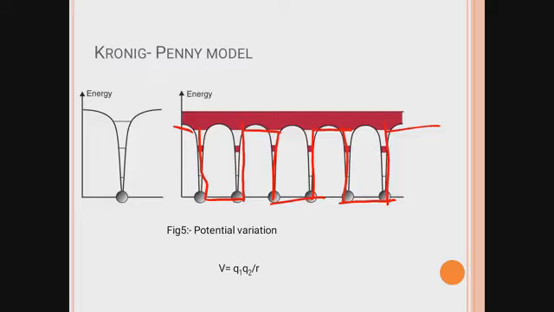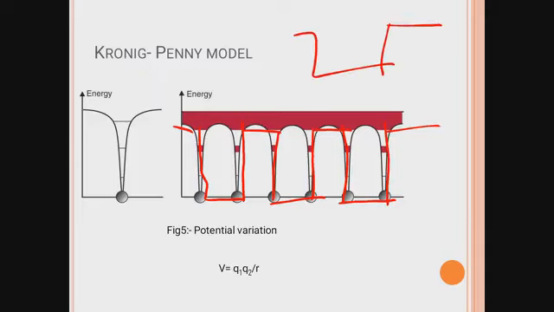Now if we consider a single potential well, it supports different discrete solutions: E1, E2, E3, E4, and so on. But for simplicity we may take a potential well which supports only one discrete solution. That means it can support only one solution.